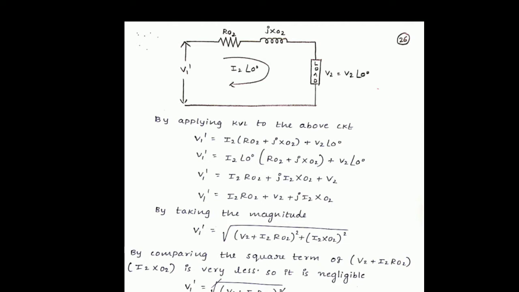Now by applying KVL to the above circuit, V1 dash is equal to I2 into the impedance, that is R02 plus jX02, plus V2 at an angle 0. So V1 dash is equal to I2 R02 plus jX02 into I2 plus V2.